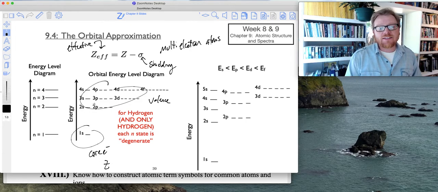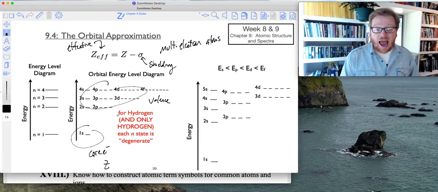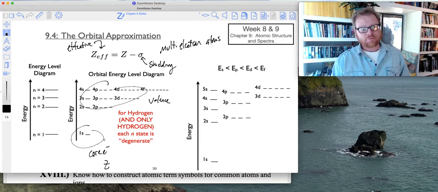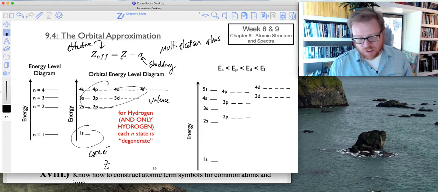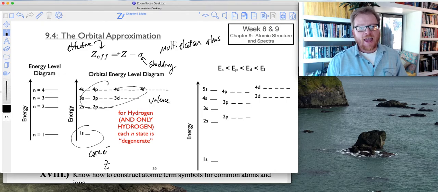So for multi-electron atoms, the effective charge won't necessarily be the number of protons. And a result of that is it splits the subshells.